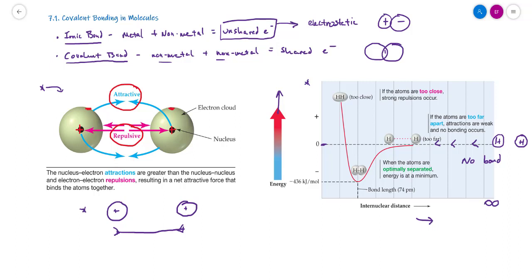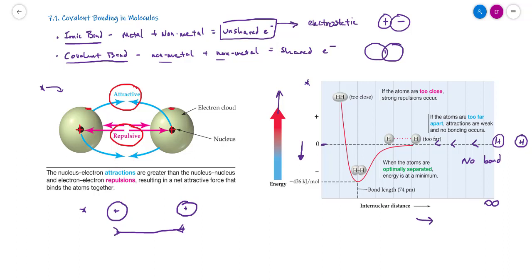As we keep pushing these things closer and closer together, we start to have the interaction of the attractive forces, because the first thing that those atoms are going to encounter with each other are their electron clouds. And as they get closer and closer, we start to see a net decrease in energy. And remember from our previous chapter that a decrease in energy is a net stabilization of the universe, of that molecule, right?